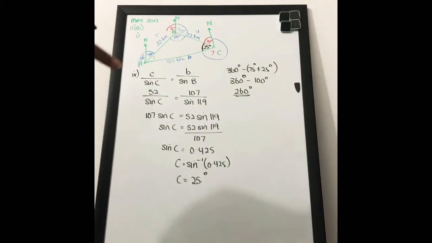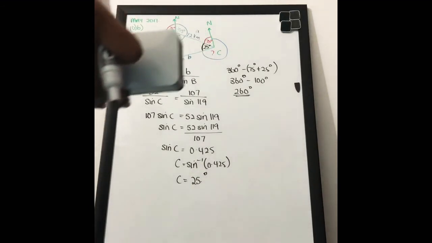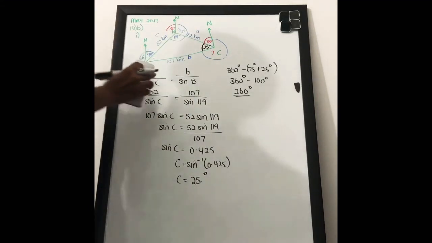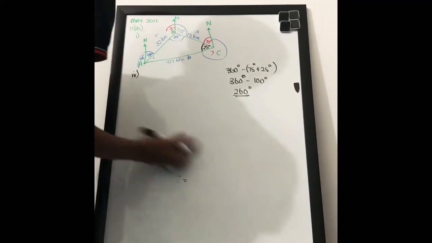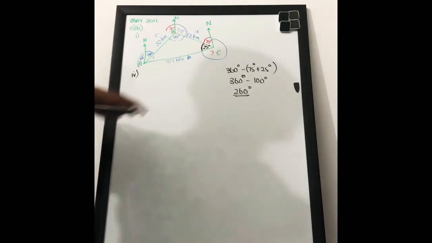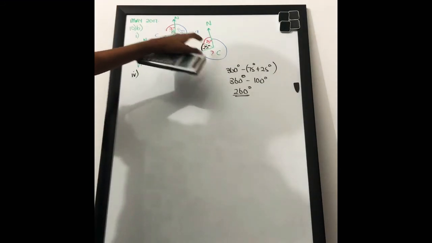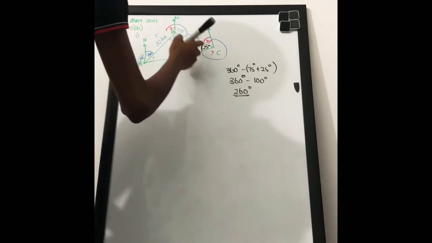Okay, so let me just write down the formula for the cosine rule; pause and take down your notes. We wanted to find the value of C, so we make C the subject.